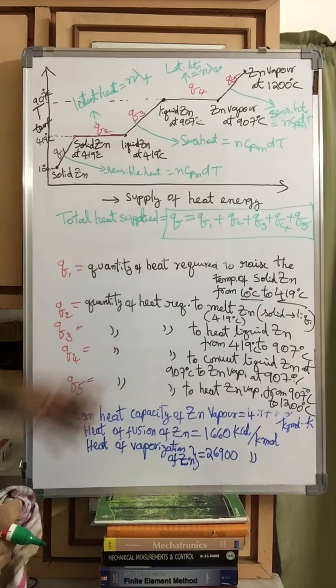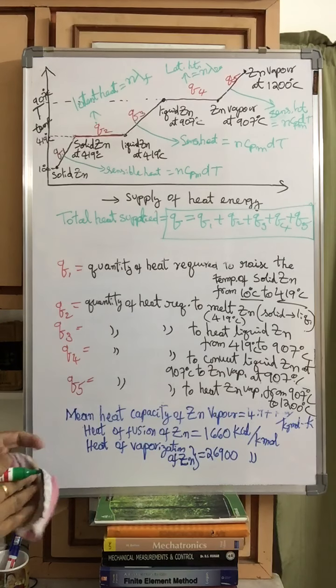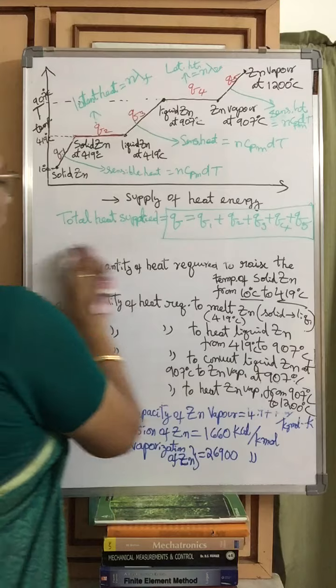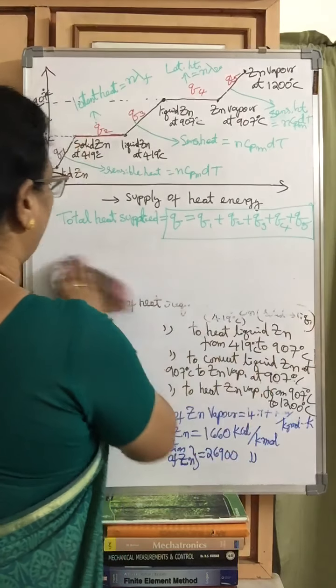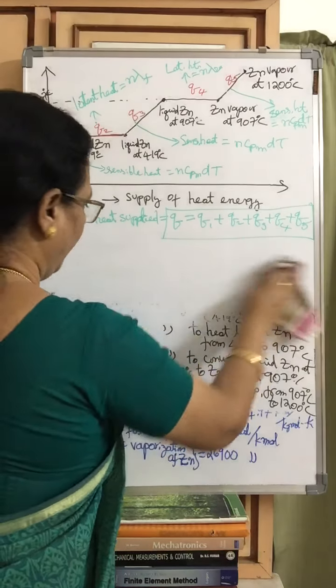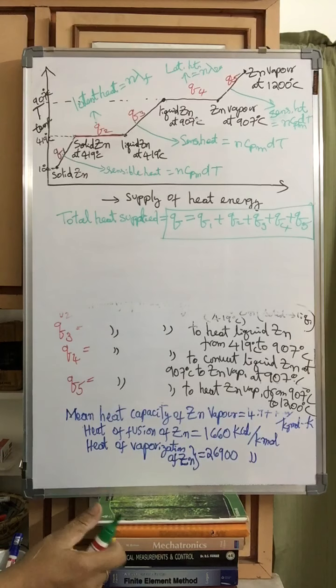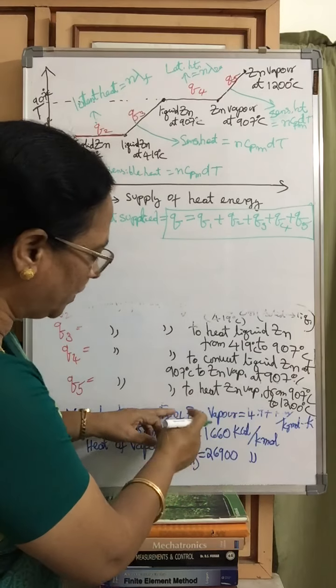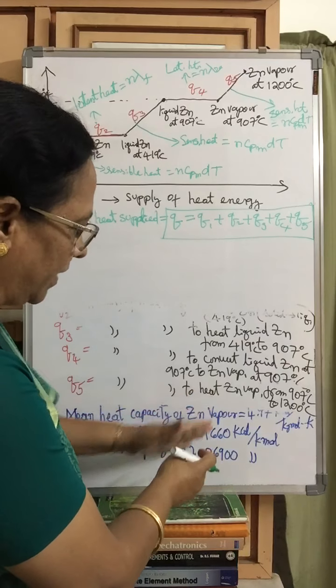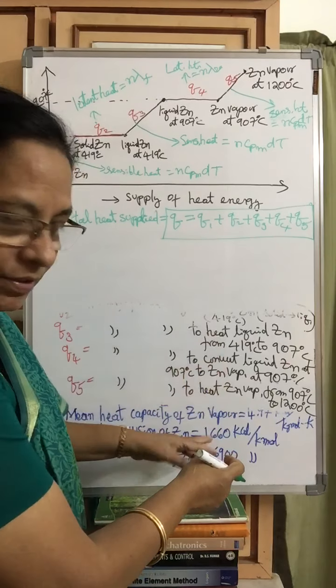So we shall calculate each Q now. Before calculating the value of Q, it is better to take one basis, because if you observe these values, a question arises. You can check the question.